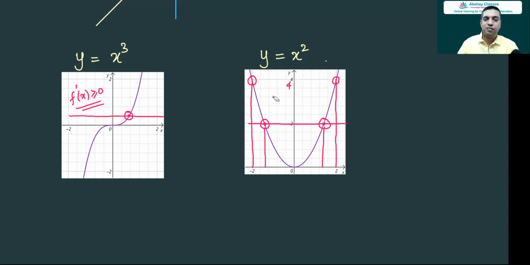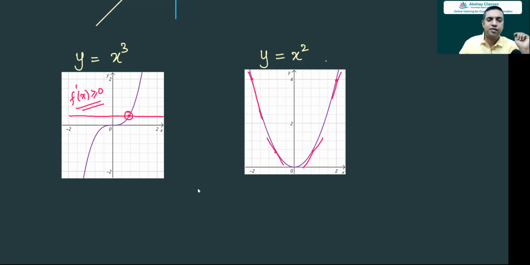Now what happens in a many to one function is, you see the slope of the graph, the slope of the tangent. At this point, the tangent is having a negative slope. At this point, the tangent is having a positive slope.